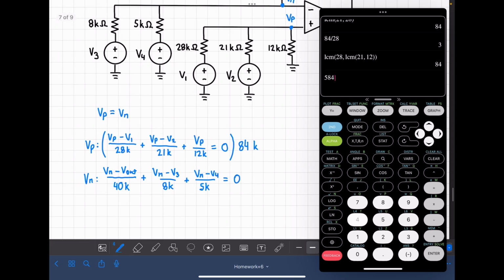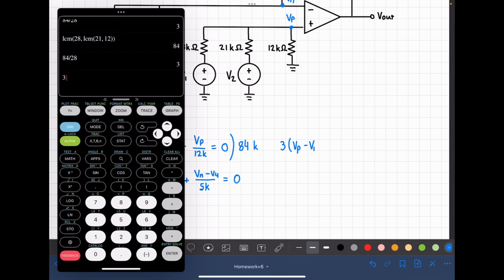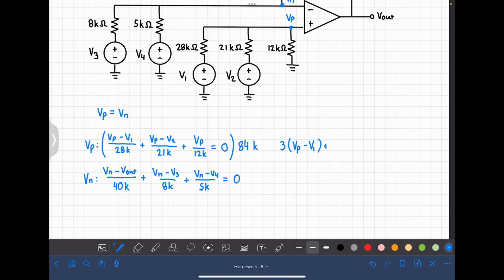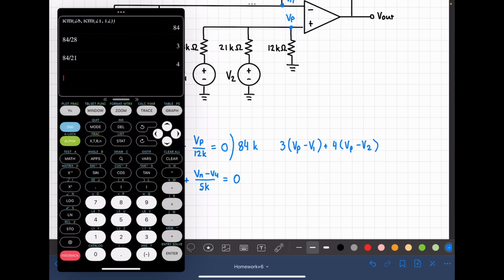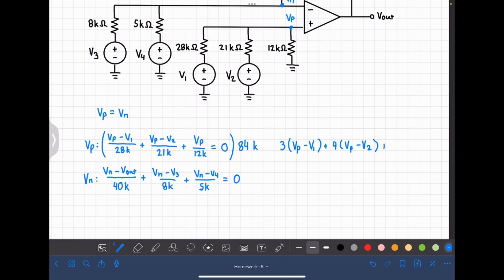And 84 divided by 28 gets us 3(Vp minus V1). 84 divided by 21 gets us 4(Vp minus V2). And 84 divided by 12, that's just 7Vp. So all that is still equal to 0.